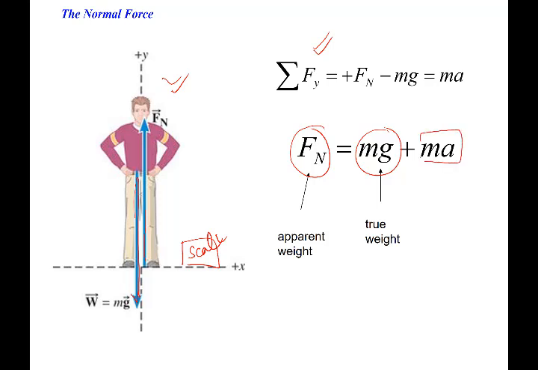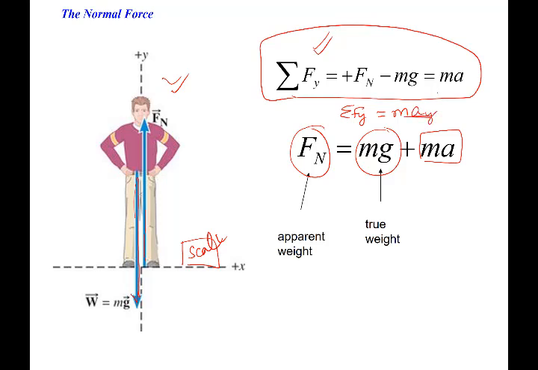We applied Newton's second law: the net force in the y direction equals m times a. You can also call it a_y because we're talking about acceleration in the y direction. The net force is made up of the normal force and the weight, with plus for upward and negative for downward.